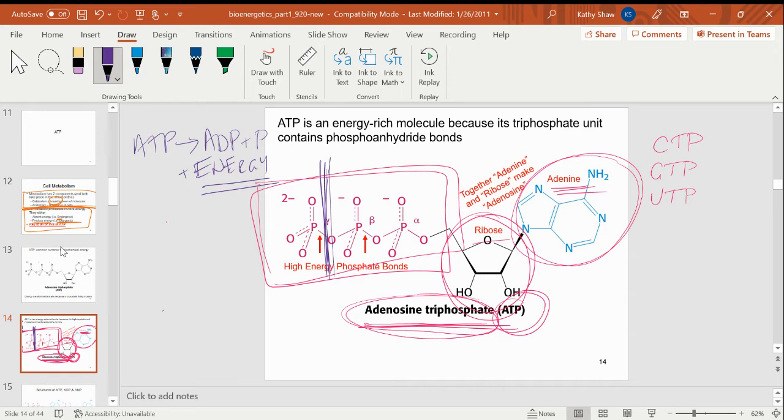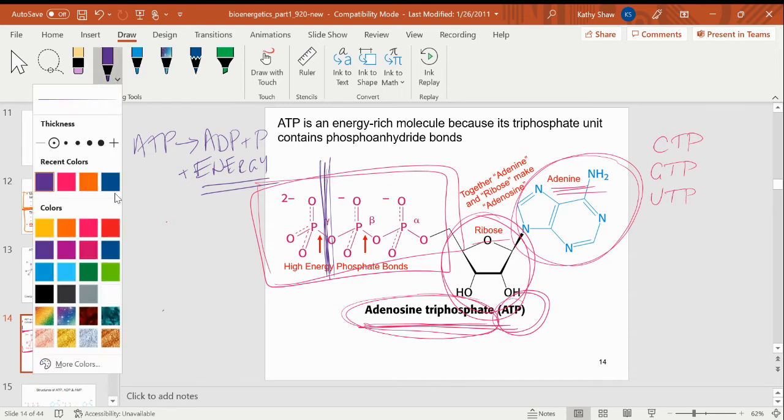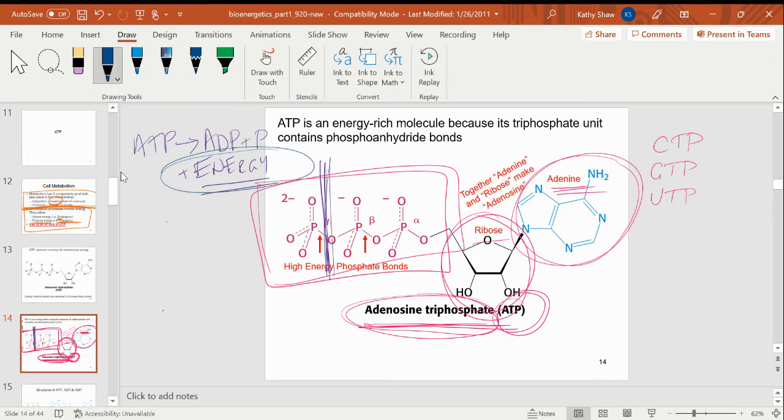So I could take that phosphate off. And what I'm doing when I take that phosphate off is I'm breaking a high energy phosphate bond, the energy being the big deal. So I just got energy now from doing that, and I can go and use this energy to drive another reaction.